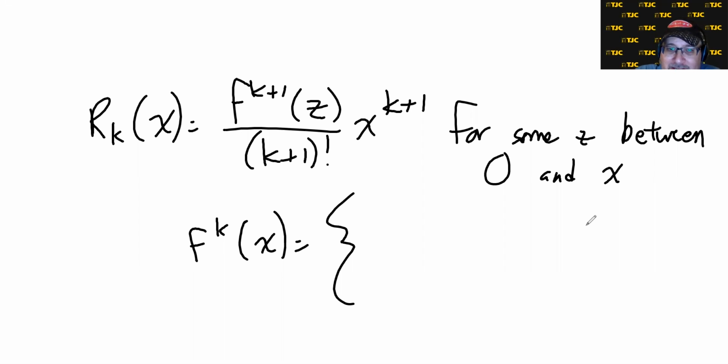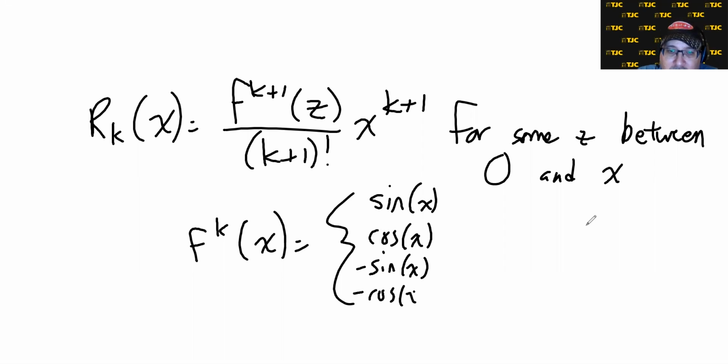The derivative has to either be sine, the original function, cosine, the derivative, negative sine, take a derivative again, or negative cosine, and then it repeats. So although we don't know the derivative, we know that it has to be one of these 4 things.